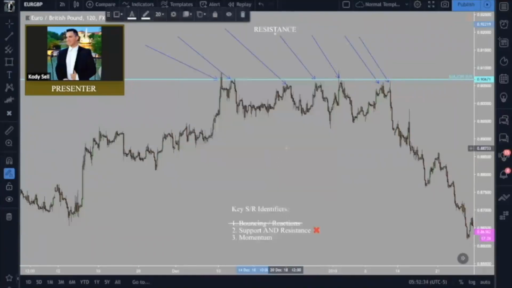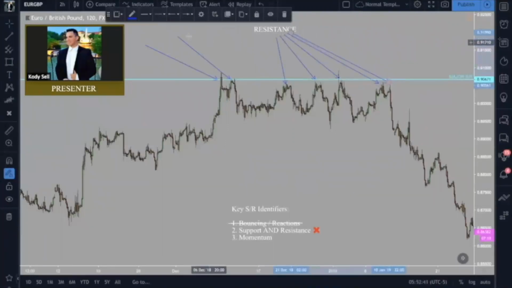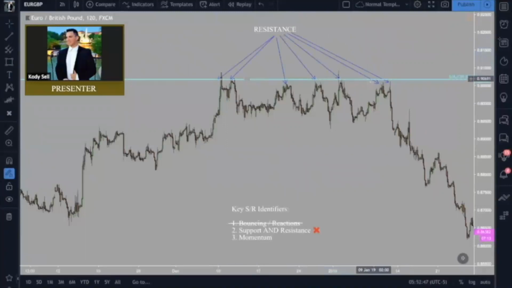We don't actually see any instances of this acting as support because price held here indefinitely. Now, we may see at a later time that price breaks through this level and that this level then turns to support. But because we don't see that here, we can't use that to ensure ourselves that we do indeed have a significant support and resistance zone.